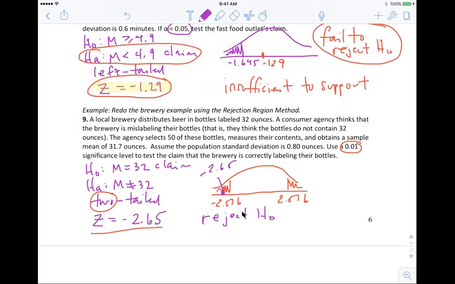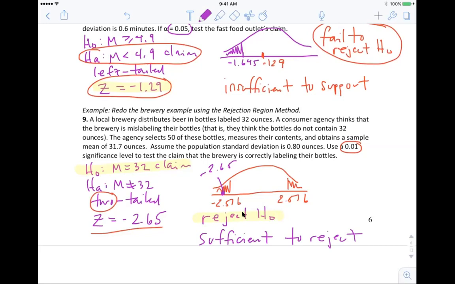To make your final conclusion, use the fact that the claim is H0 and you rejected H0. So my final conclusion, if I reject H0, it's always sufficient. And if H0 is the claim, I use the word reject. So the full sentence would be, there is sufficient evidence to reject the claim.